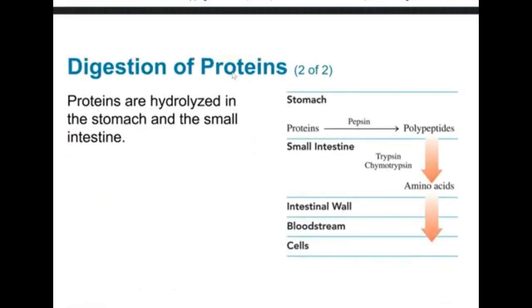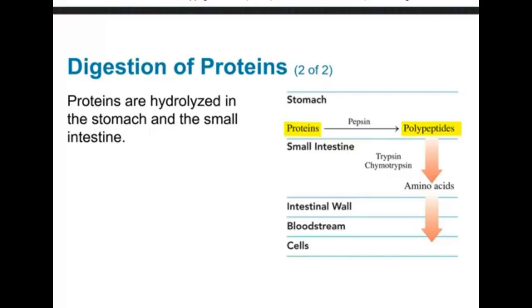So let's take a look at this very much simplified scheme. Conceptually, though, it's fine. In the stomach, proteins, which, remember, are large, are broken down into smaller bits, polypeptides. So let's say you go from 100 amino acids in the protein to several bits that will be like 15, 20 maybe, 5, whatever.